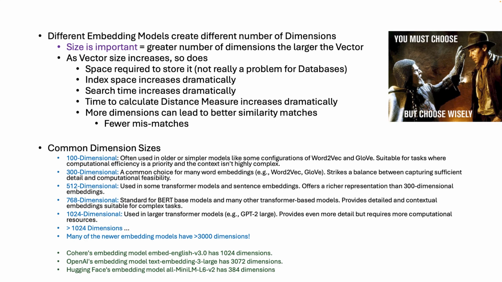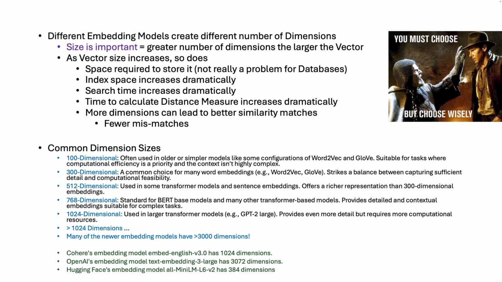Now, different embedding models have different numbers of dimensions. So it's a little bit of the Indiana Jones, choose wisely. Size is important, because a greater number of dimensions has two impacts. One is that the larger the vector, the more data we have to store, and more space is required.